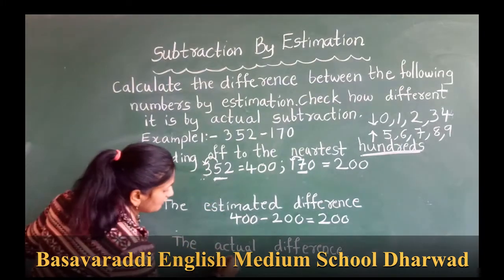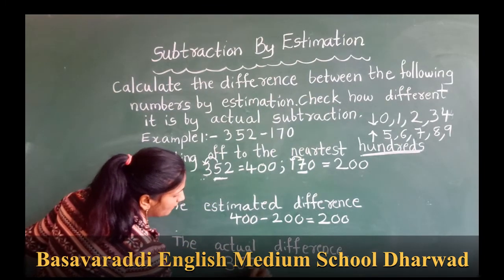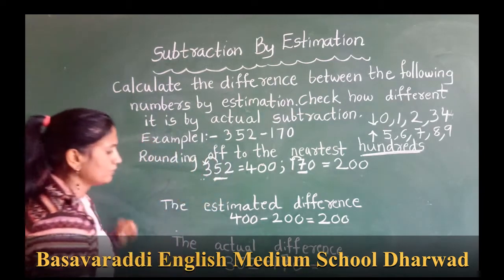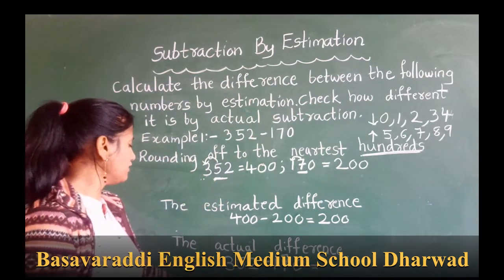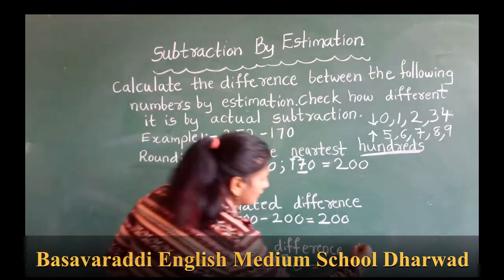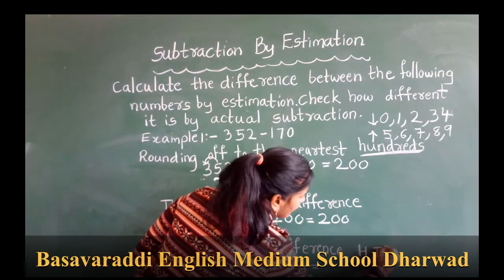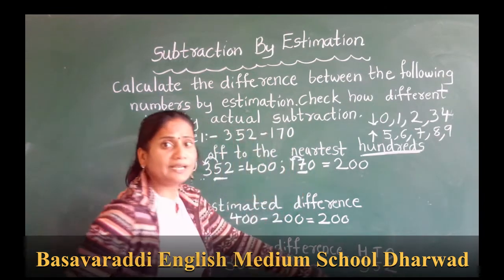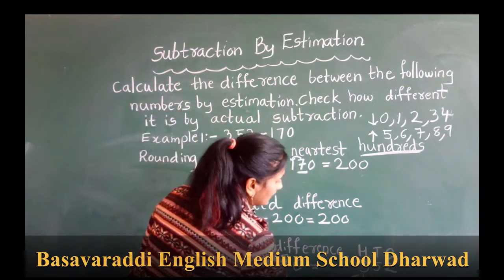Now actually, which sum is coming? 352 minus 170. How are we doing it? Otherwise you have to write down hundreds, tens, and ones, 352 minus 170.